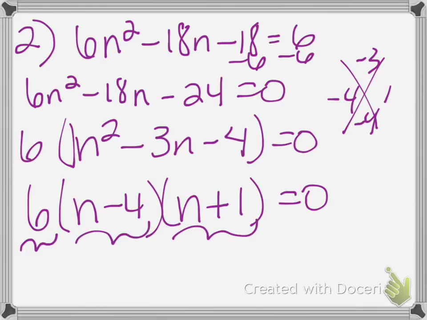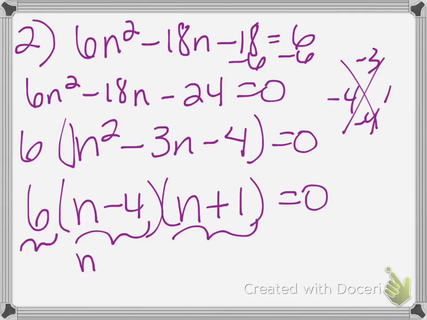But notice, you have to ask yourself, does my GCF have a variable with it? If the answer is no, which in this case it is no, 6 does not have a variable with it, I actually don't need it, okay? I do need it to factor out or to say what's the simplified version, but I don't really need the 6 to solve this equation because there's no variable with it, okay?